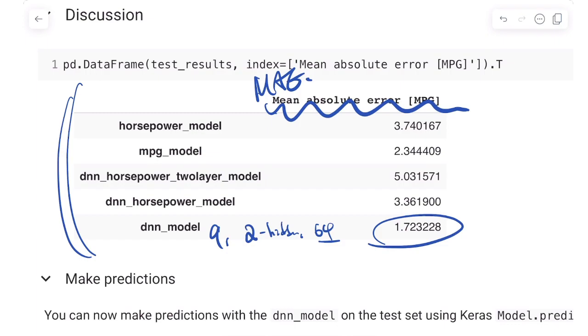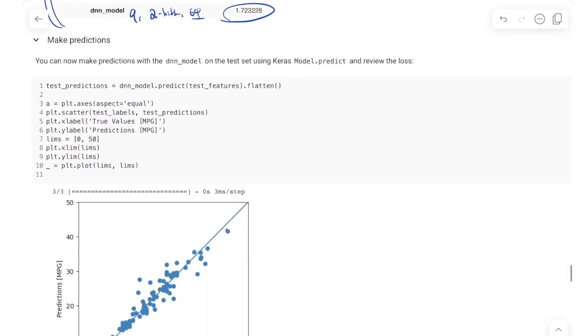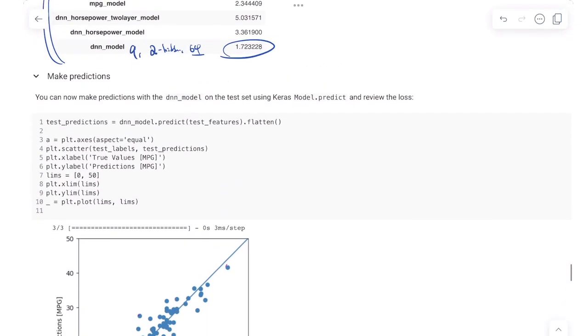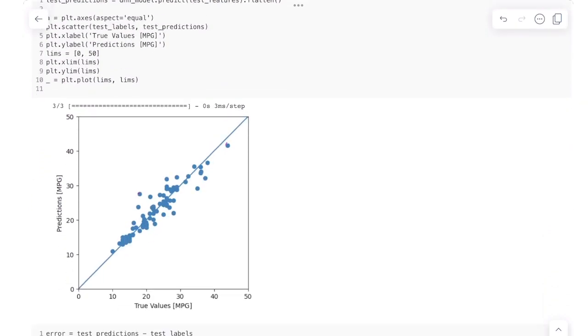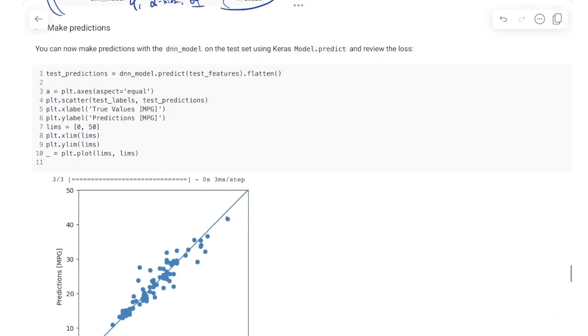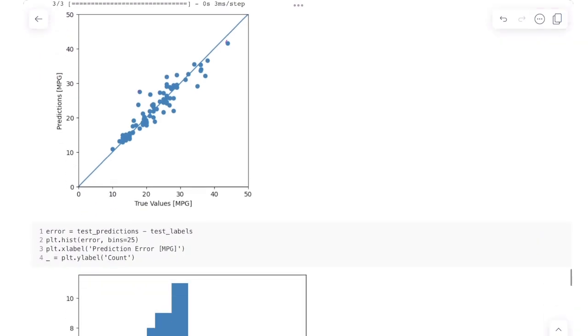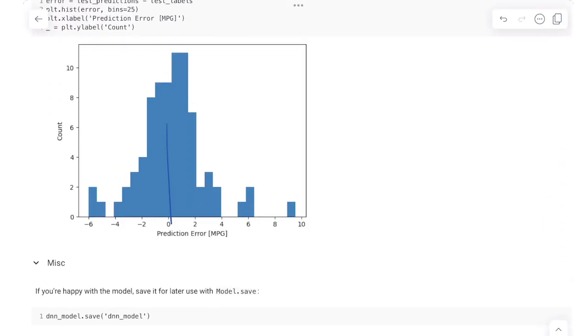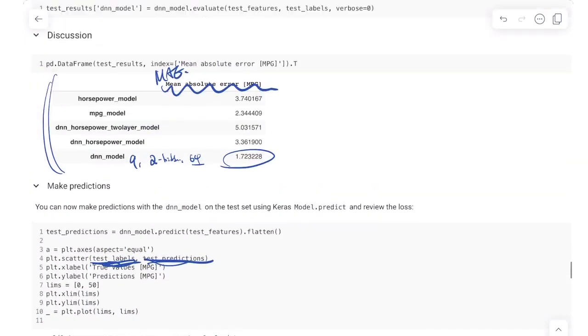Take a look at this one. You use the best model to perform prediction on the test dataset right here. You can see that the error will be smaller compared with some other models.